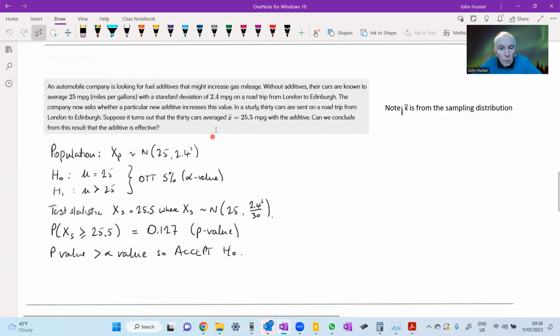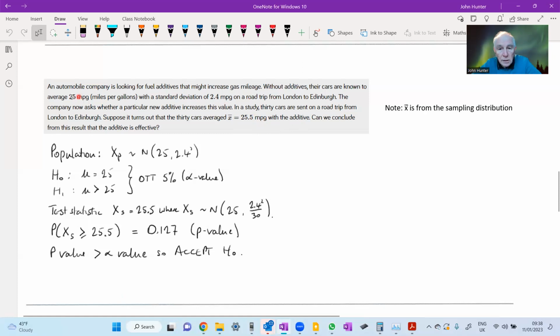Now one thing to note here is this X bar. If we go back to the sampling distribution video, we realize that actually this has been averaged over 30 cars, and note 30, because 30 is a bit of a threshold for when we can start to assume that it's normally distributed.